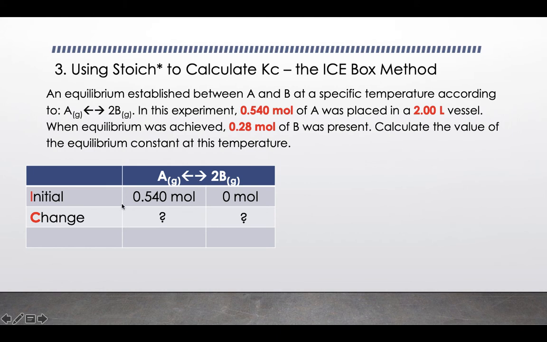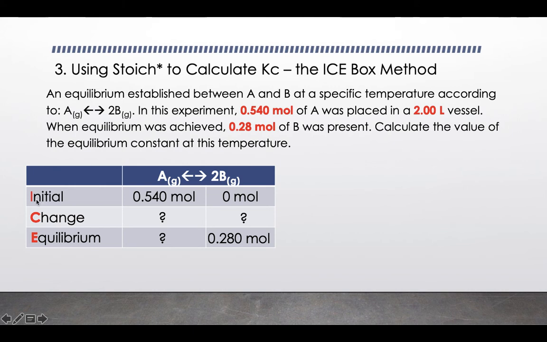But we do know that when the system has reached equilibrium, we don't know how much A was left, but we do know that 0.28 mole of B was left. So you can see that this table helps us to sort out the initial stage, the change and equilibrium. At least we have a clear picture of how the reaction goes and what the question is actually telling us.